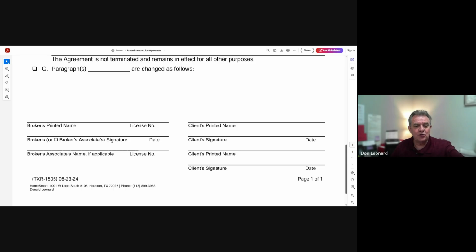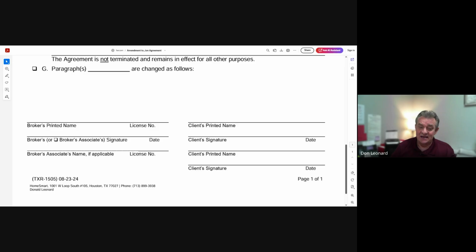So broker or broker associate signature, that throws people off too because they're used to that term broker associate. And they think, well, I'm a salesperson. I'm not a broker associate, so I can't sign this. Yes, you can. Even as a sales agent, you are still the broker's associate. That's not your title, but you are still the broker's associate.